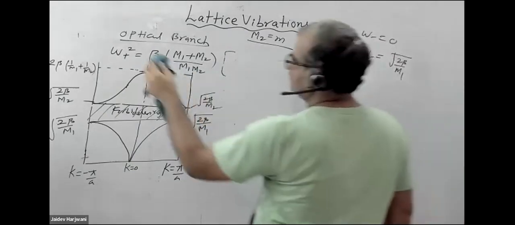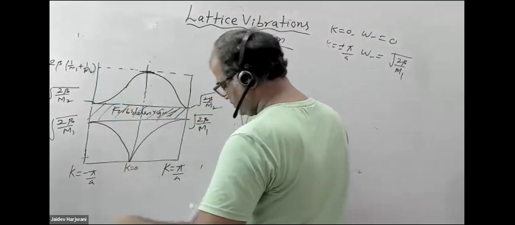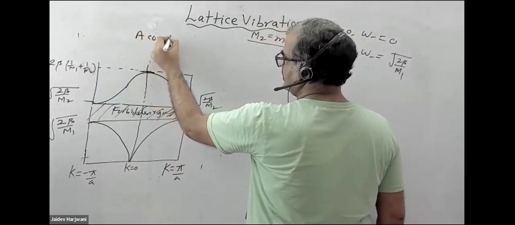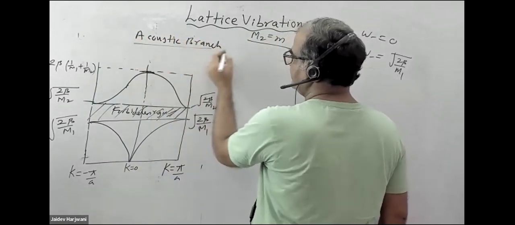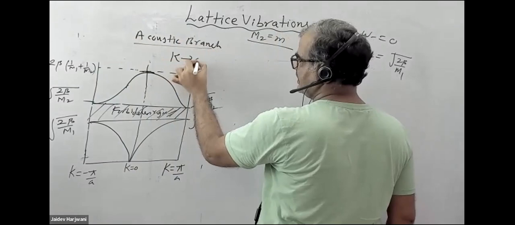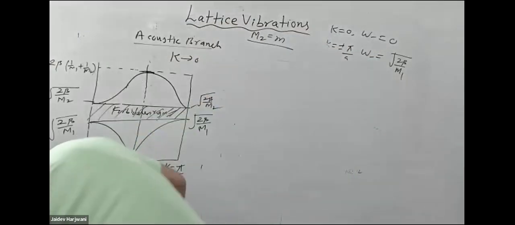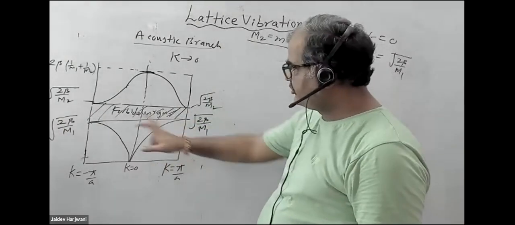Put the heading: acoustic branch when k tends to 0. And for k equal to plus pi by a, it is homework for you. I am not going to do everything, but you should remember that it should come out constant.